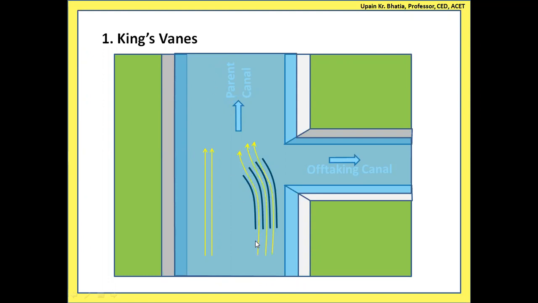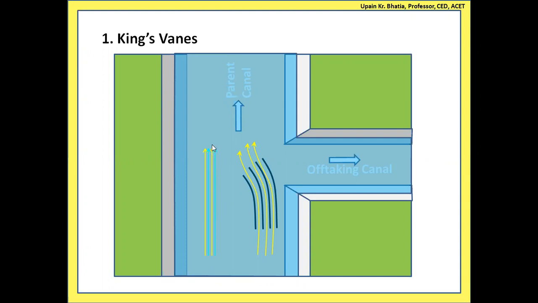But the bottom layers near the off-taking channel will find their way here, and these vanes will divert them a little away, and ultimately they will join back the same channel again. So these vanes avoid the diversion of the bottom layers into the off-taking channel. Depending upon the height, the bottom depth of the overall flow will be trapped and find its way to the downstream side of the parent canal only.